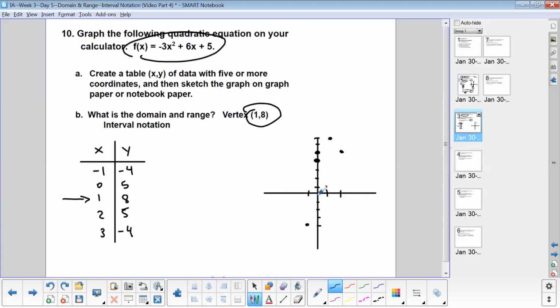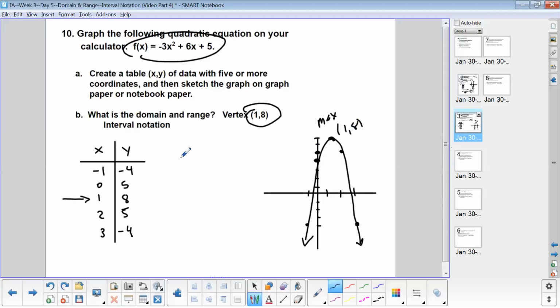And then 3, -4. So sketching that, we're going to max out at 1, 8 and come back down. So notice this point, we have a maximum point, and it's at 1, 8.